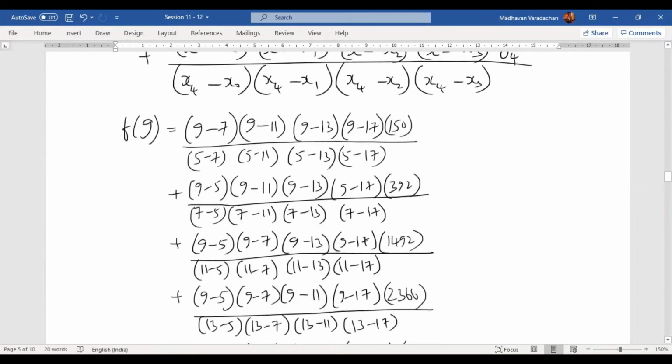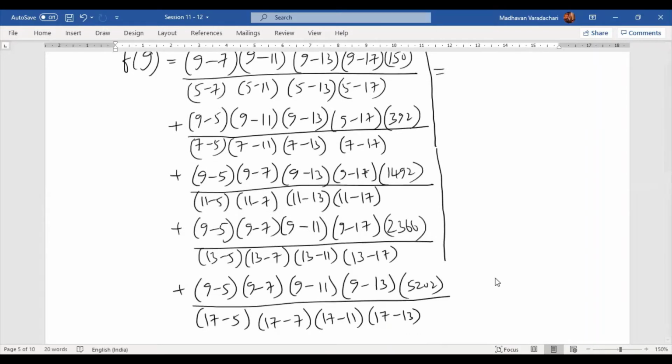So let me do the calculations here itself, so that it will be easier for us.